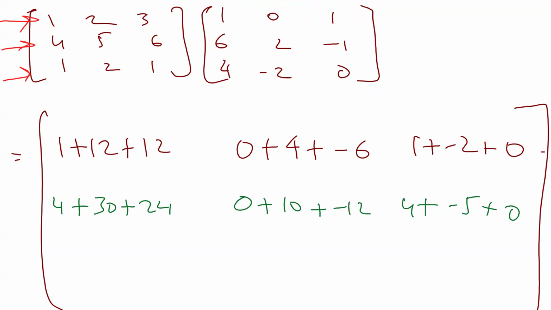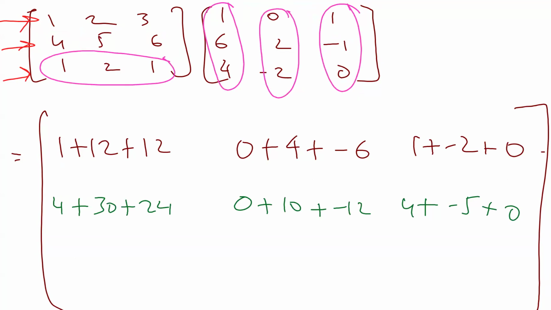Someone else? Come on. Start. So the first is 1 into 1, which is 1, 2 into 6, which is 12, and then 1 into 4, which is 4. Then it is 1 into 0, which is 0, 2 into 2, which is 4, and then 1 into -2, which is -2.